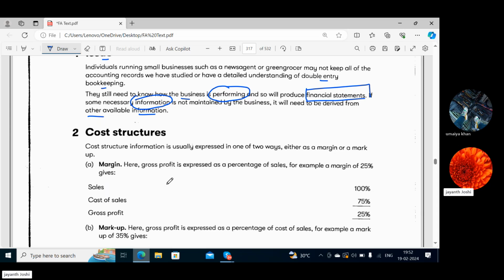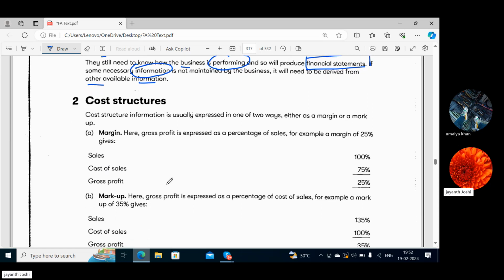First of all, cost information can be found in two ways. One is margin, another one is markup. Remember, margin is always expressed as a percentage of sales. When we say a margin of 25%, that means we will calculate 25% upon sales.